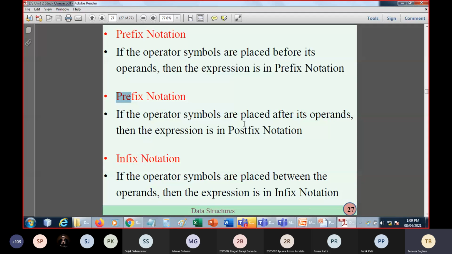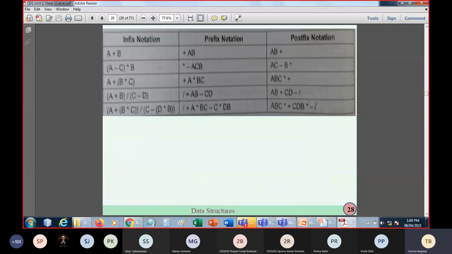First comes the operand, and then at last comes the operator. And in infix notation, in means in between, so the operator is placed in between the operands. So you can see this is the infix notation, this is the prefix notation, and this is the postfix notation.